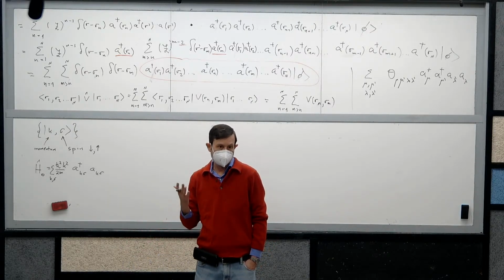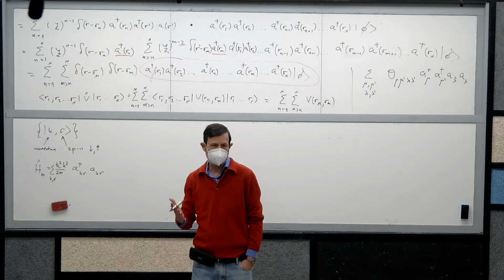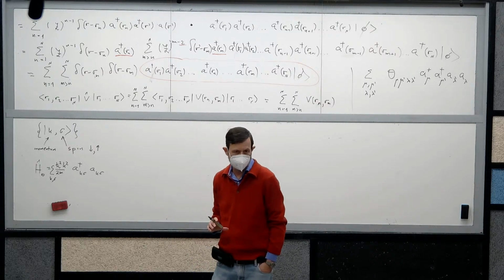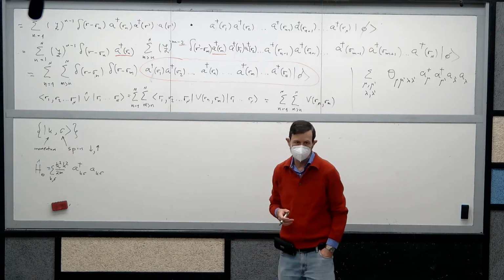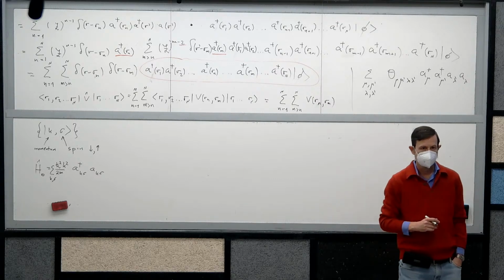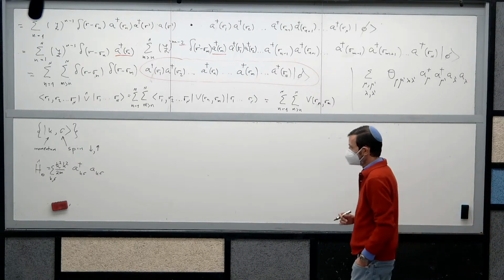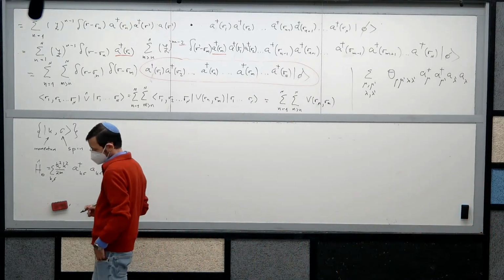Right, we just count how many particles we have at each momentum state K at spin either up or down, sum up everything, that's the Hamiltonian. Okay.